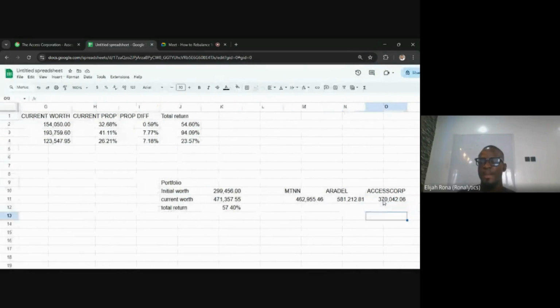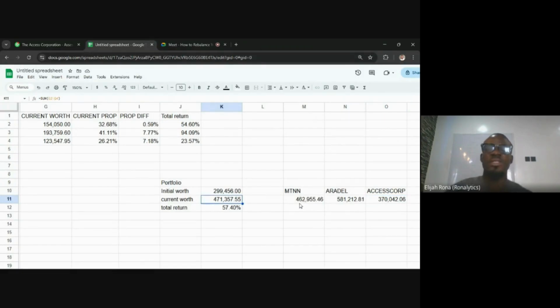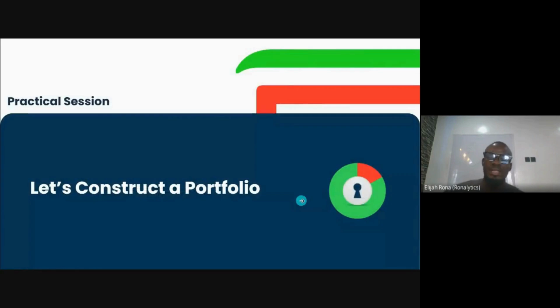So what are we seeing here? We are seeing that diversification is the reason why we do not have something as low as 370,000 or something as high as 581,000. However, we have something in the average, somewhere around 471,000, still close to where MTN is. That is one of the points, because we started the portfolio on equal grounds.